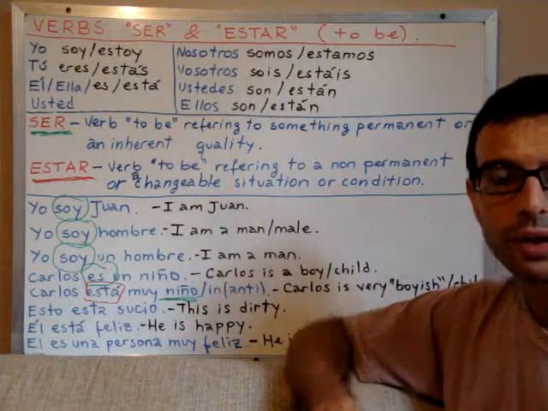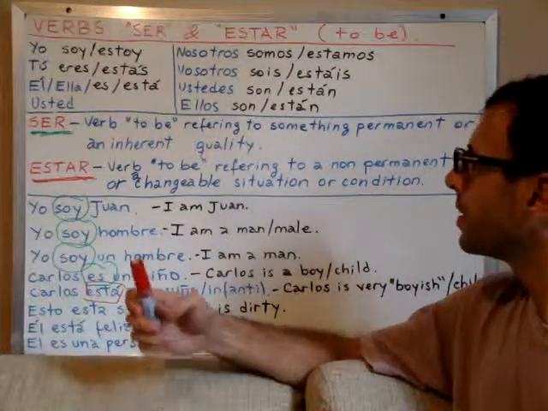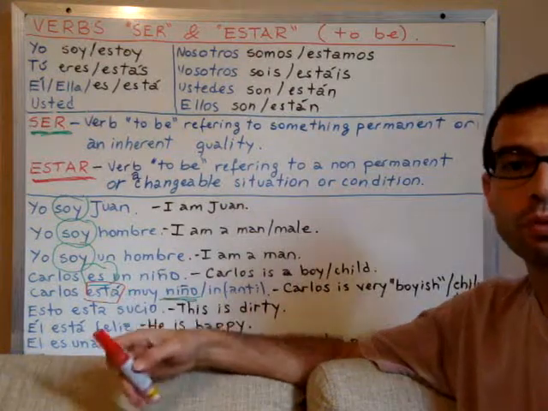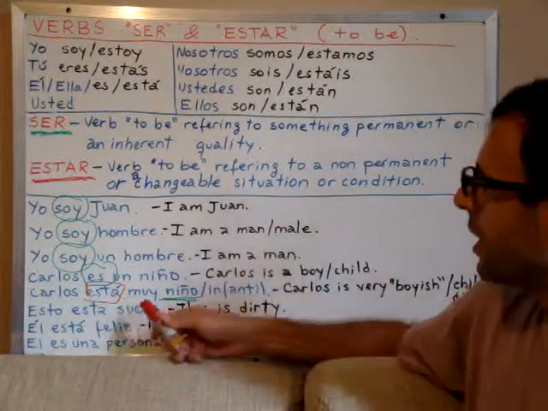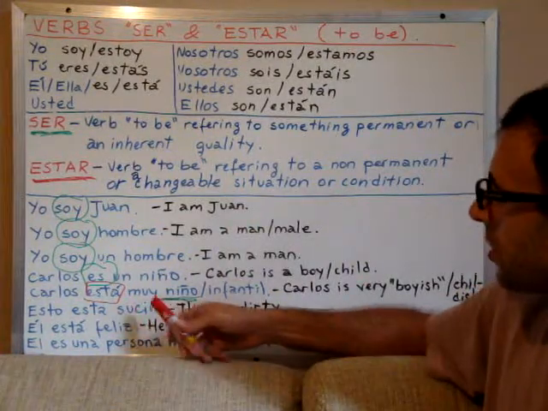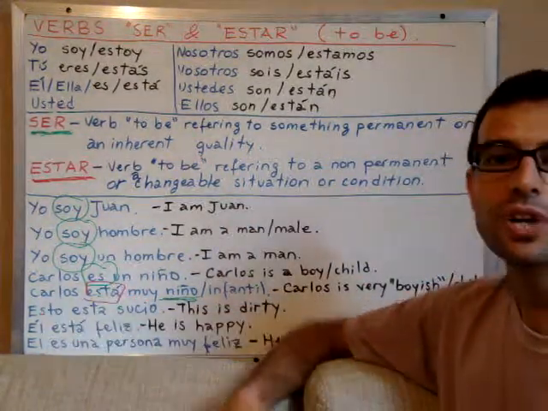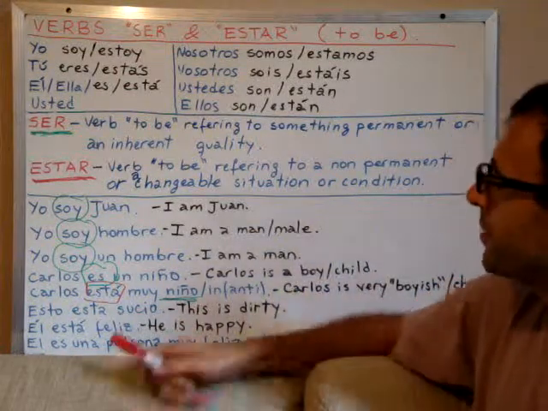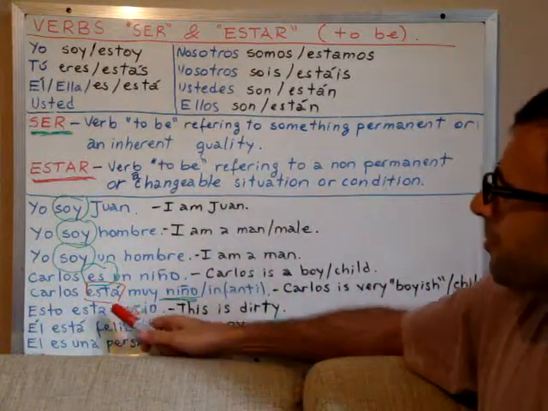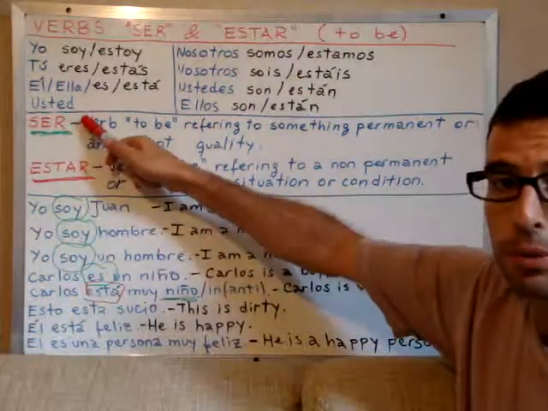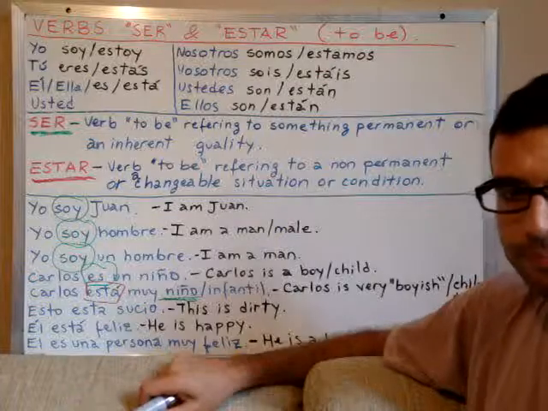Because we are not referring to a more or less permanent situation. We are referring to a changeable situation. This is more a state of mind or spirit or condition. Carlos is childish. He's behaving childishly, okay? Or boyish. That's why this time we are not using ser, but we are using estar.